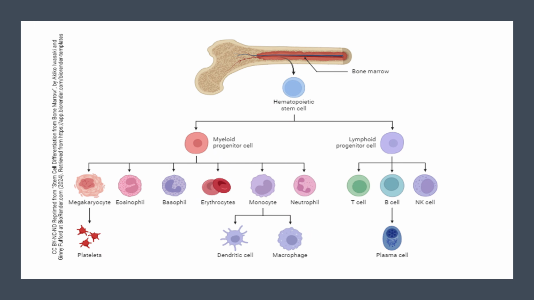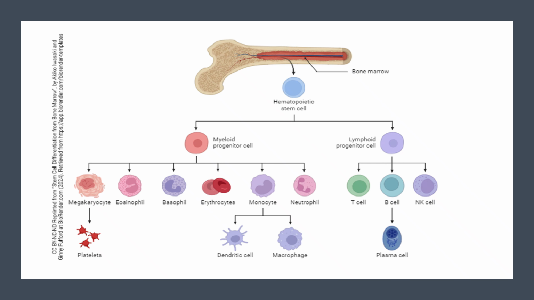So back again to hematopoiesis, which occurs in the bone marrow and is regulated by growth factors and hormones such as erythropoietin, which stimulates red blood cell production. And as we know, red blood cell production requires iron, folic acid, and vitamin B12.